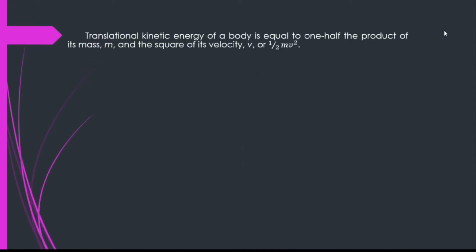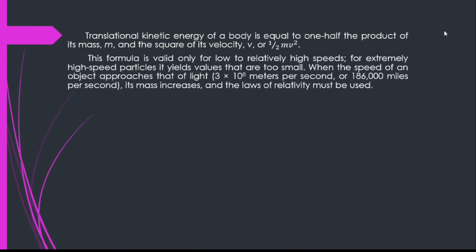Translational kinetic energy of a body is equal to one half of the product of its mass, symbol small m, and the square of its velocity, symbol small v, or one half mass times velocity squared. This formula is valid only for low to relatively high speeds.